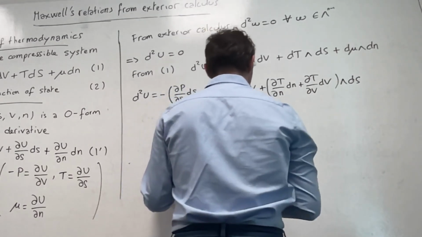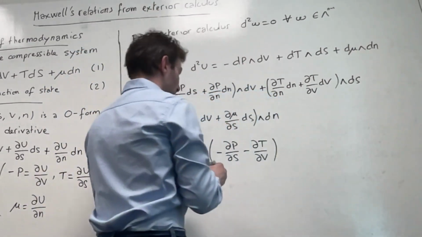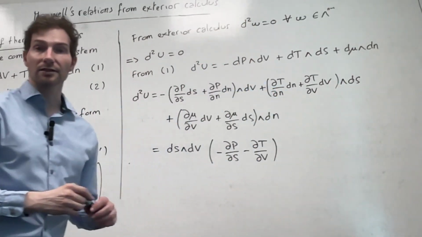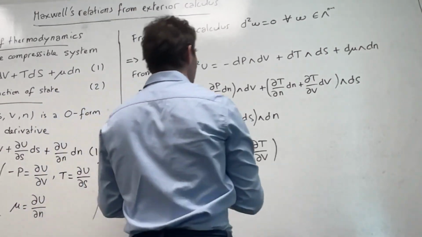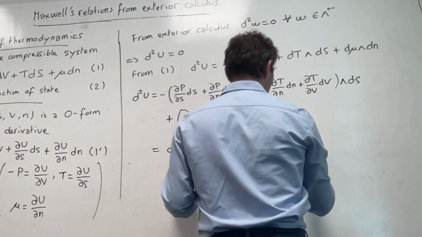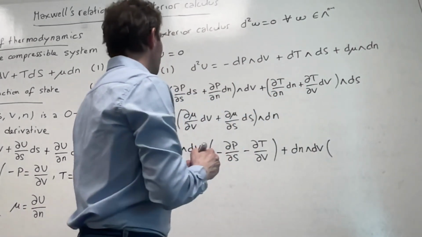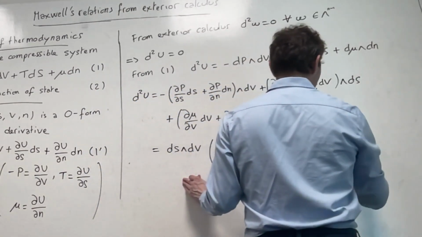Here I've used that dv wedge ds is equal to minus ds wedge dv. Let's continue. We've got a dn dv, so plus dn wedge dv, and we've got minus dp dn.